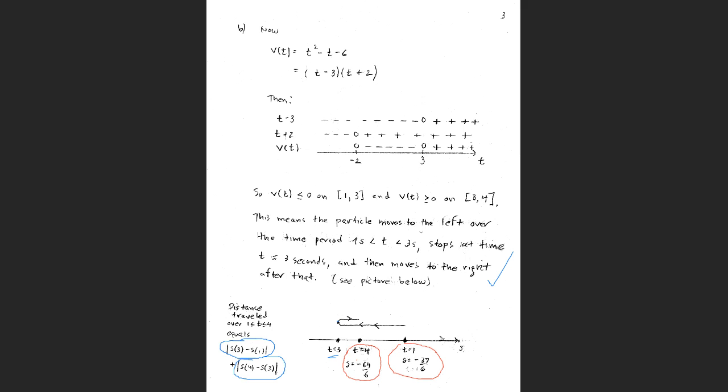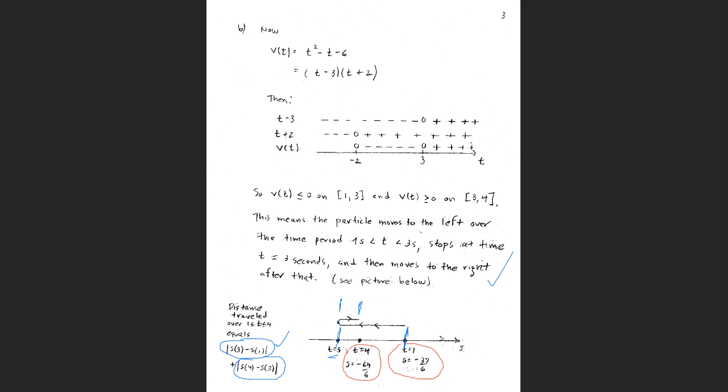It's like taking this distance here, S of 3 minus S of 1, but absolute value of it, and then adding this distance here, which would be S of 4 minus S of 3, the absolute value.